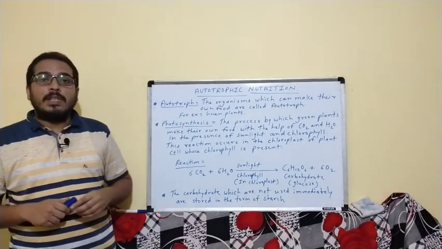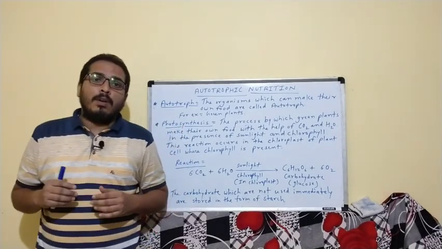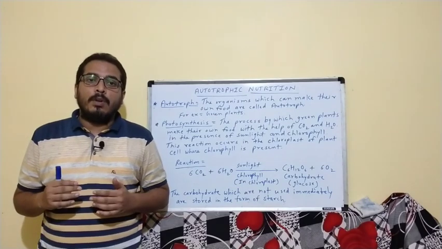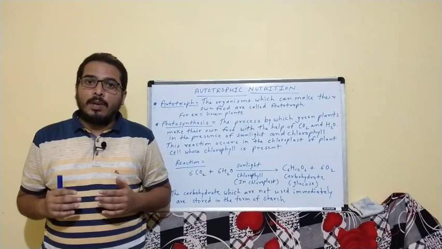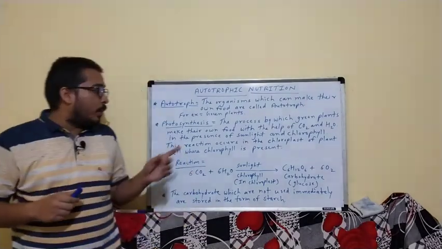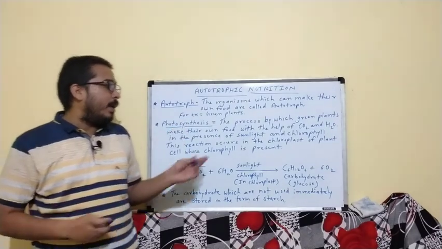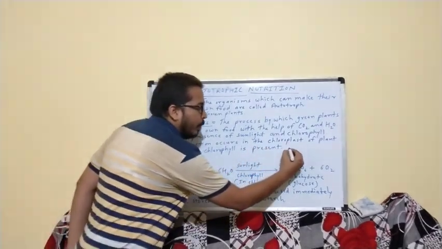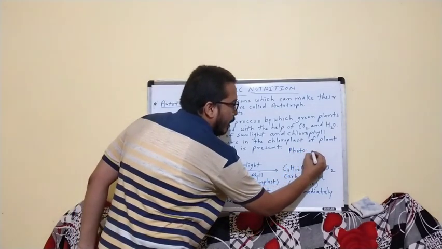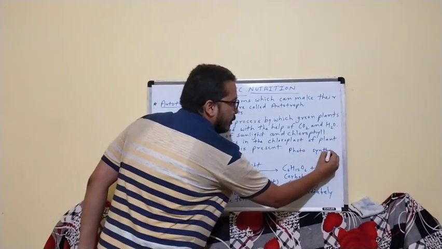Next is photosynthesis. If any organism makes its own food, it makes it with the help of one and only one process, that is called photosynthesis. Actually, the word photosynthesis is also made by two different words, photo and synthesis.